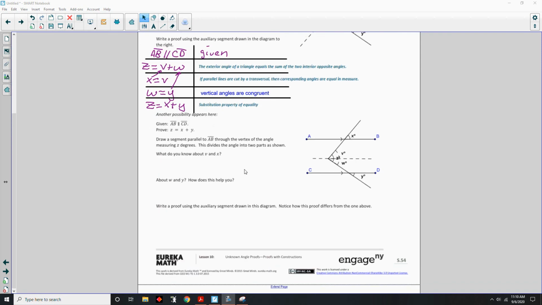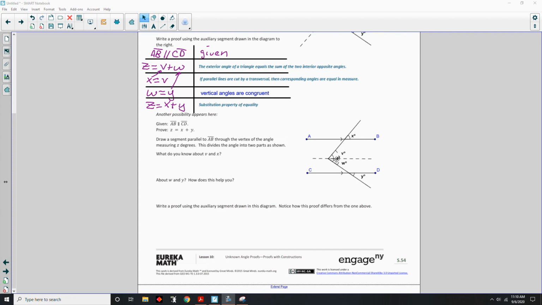Okay? And then another possibility appears here. So this time they drew the auxiliary line here. And we are given AB is parallel to CD. Have to prove the same thing. But if we draw a segment parallel to AB through the vertex of the angle measuring z degrees, this divides the angle into two parts as shown.